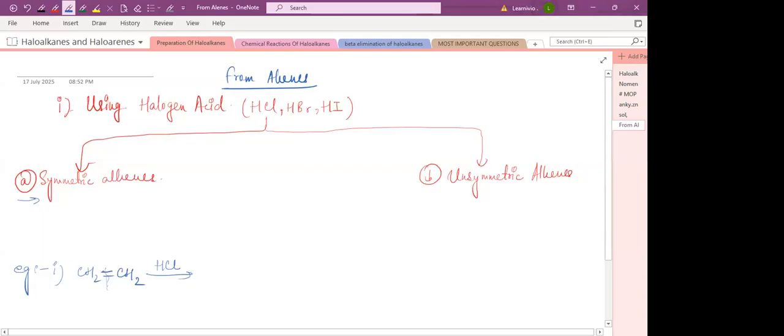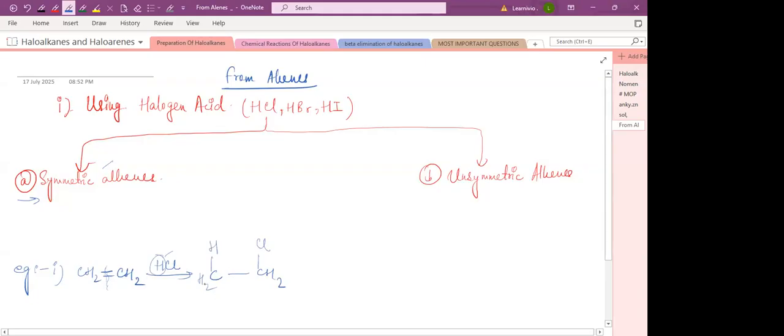So the first step, if it is a symmetric alkene and you are treating it with HCl, is to break this bond. Okay, write it down. Break this bond, and add this hydrogen on one carbon, and add this halogen group on the other one. Right. So you will get the product.